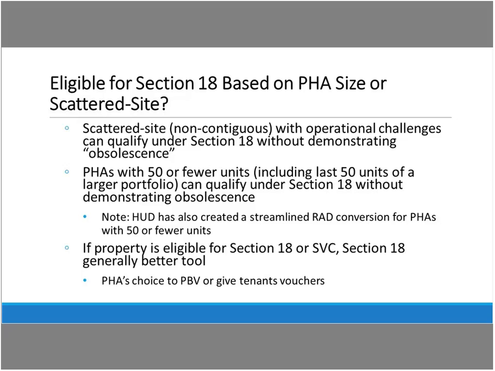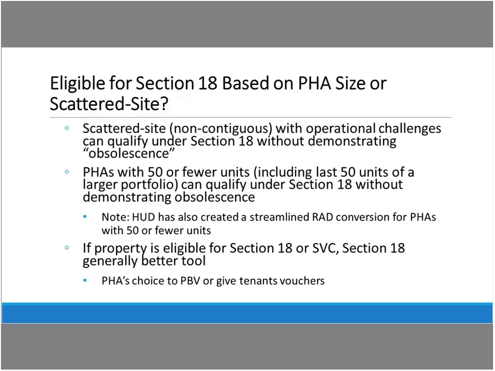If your last building has 65 units in it, you could do the RAD Section 18, 50 or less, 50 of them going Section 18 with TPBs, 15 of them going RAD through the RAD process. So this idea of, if you're thinking about your whole portfolio, thinking about how you sequence things in order to optimize your available revenue is really important. So 50 or less is an option.